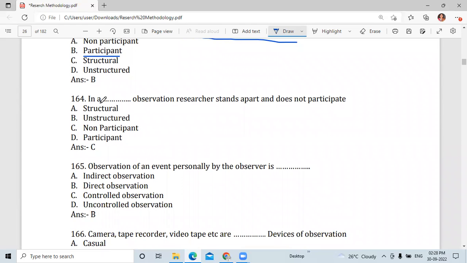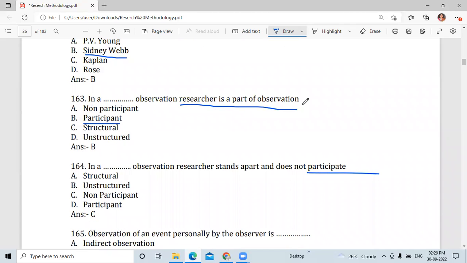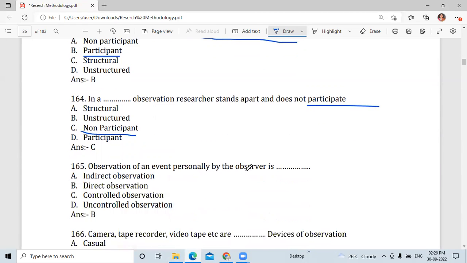Next, in a dash observation, the researcher stands apart and does not participate. Here the answer is non-participant observation. The researcher stands apart and does not participate.